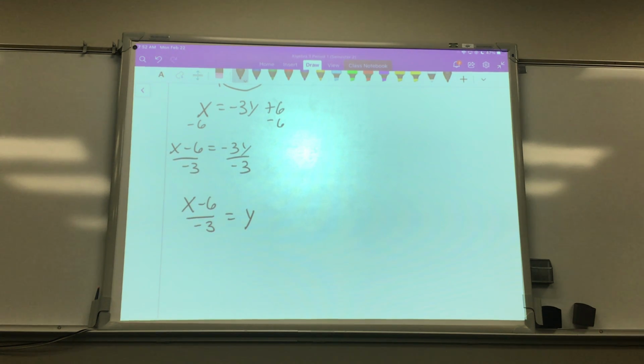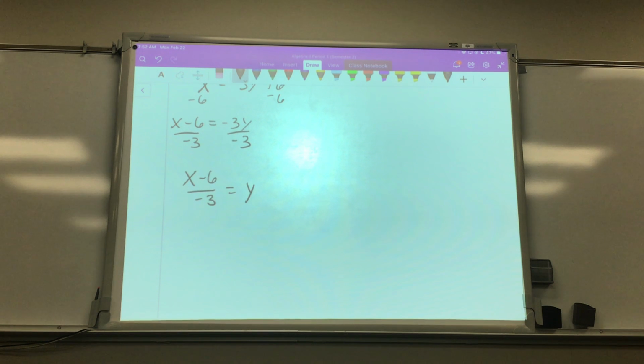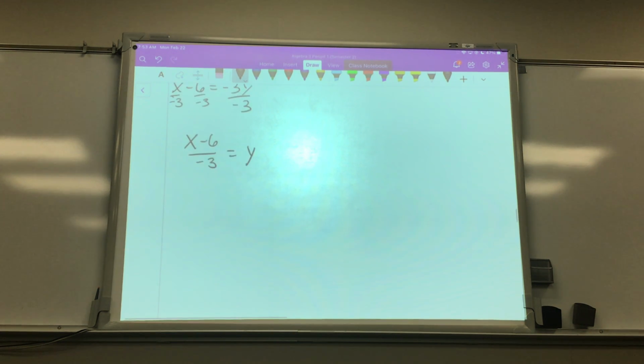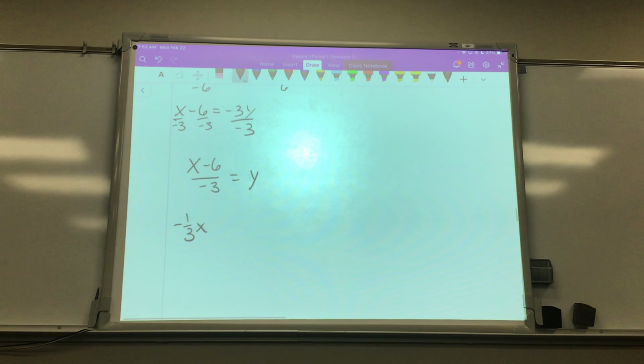And we should really reduce, okay? So when I divide that left side by that negative 3, I divide each of those terms by negative 3, correct? So x over negative 3, that's negative 1/3 x. And negative 6 divided by negative 3, that's going to be plus 2, correct?